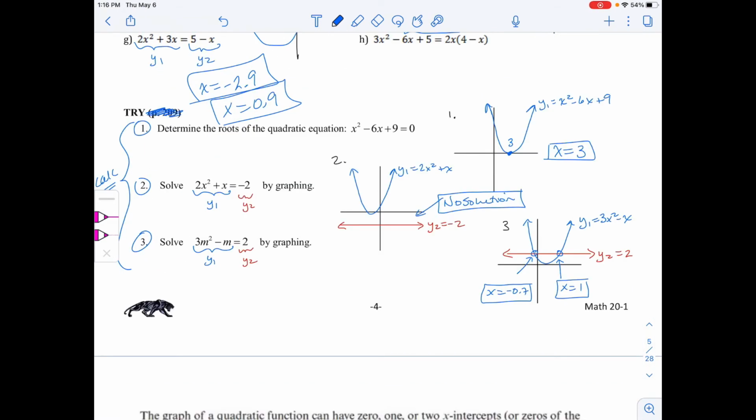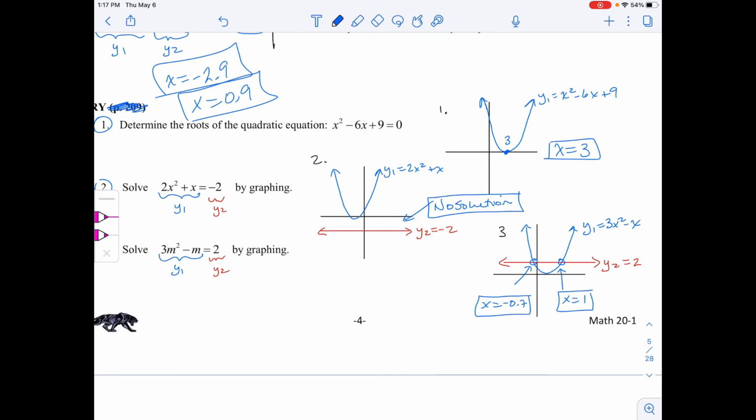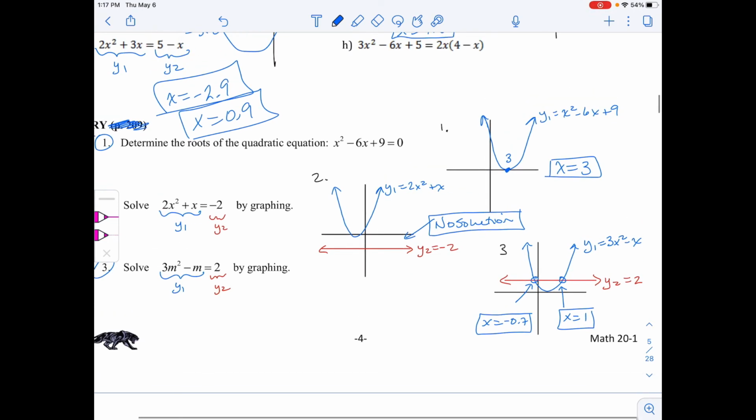Okay, so hopefully you had a chance to pause the video and try these on your own. If you look at number 1, your answer should have been x equals 3 by entering that in your calculator. We maybe would have recognized that too, because this is a perfect square trinomial, which we've been looking at when completing the square.